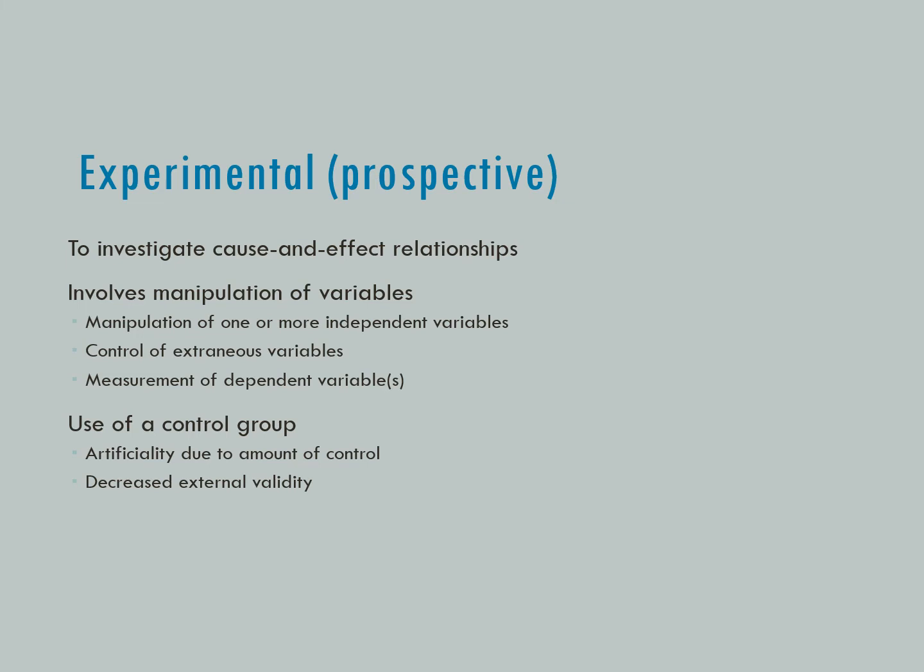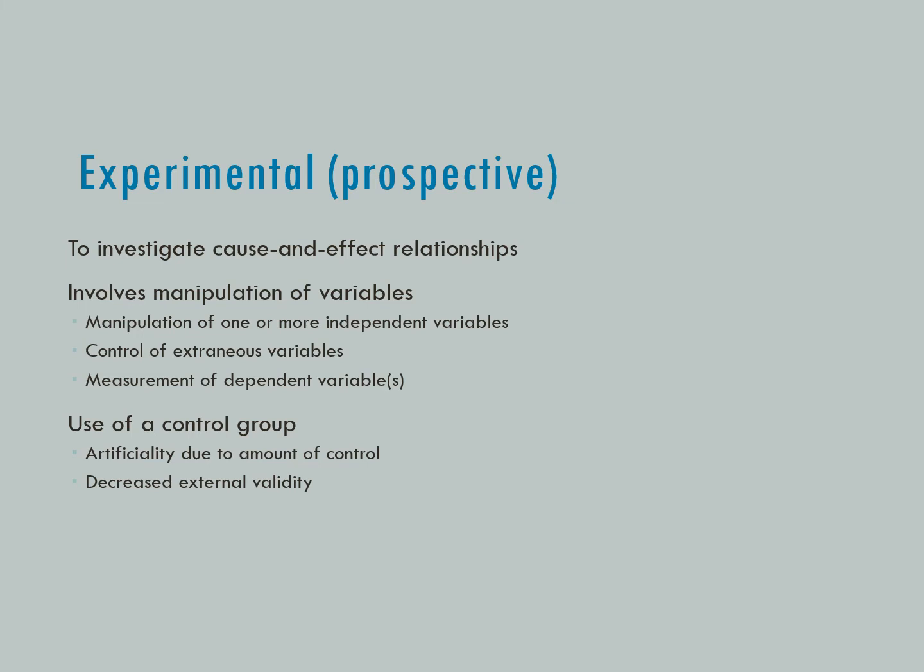All right, the next one is experimental. This is probably the thing that you think of when you think of research interventions, right? You think of, okay, I have these two variables, here are my two groups, I'm going to manipulate something about one of them, one group gets something and the other group doesn't, and we're going to see what happens, okay? That is experimental research, and it's the one that most people think of.